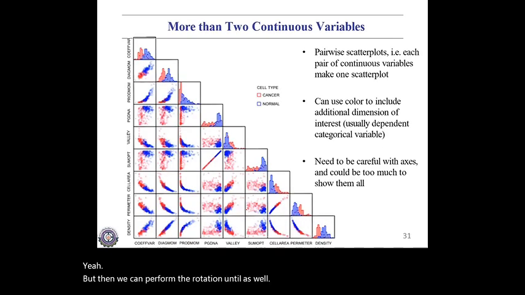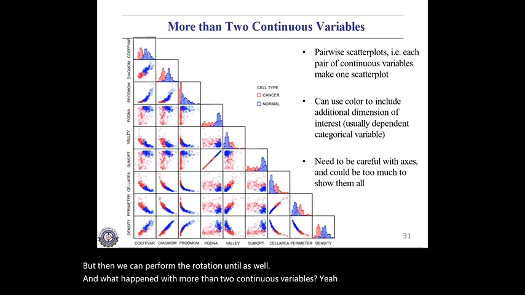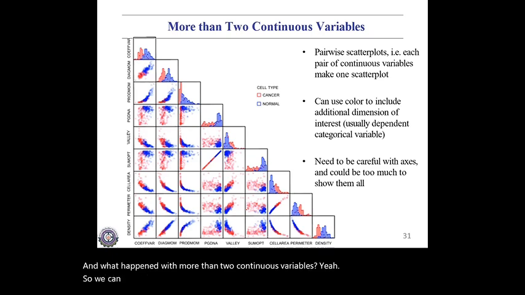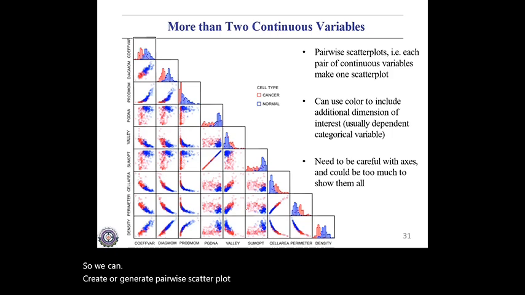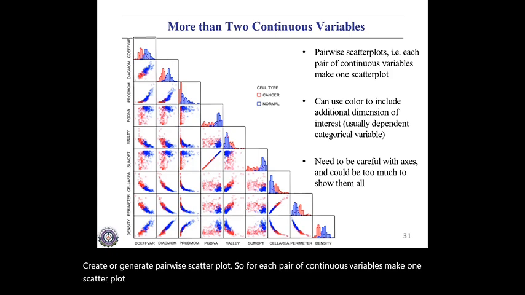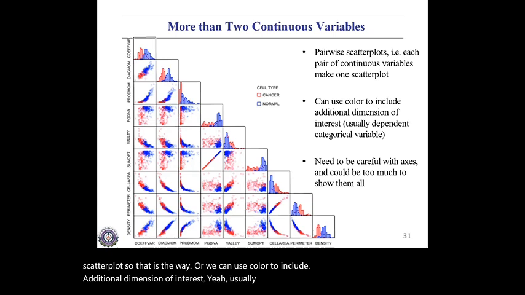And what happens with more than two continuous variables? We can generate pairwise scatter plots. For each pair of continuous variables, make one scatter plot. That is the way. Or we can use color to include an additional dimension of interest, usually dependent on the categorical variable.